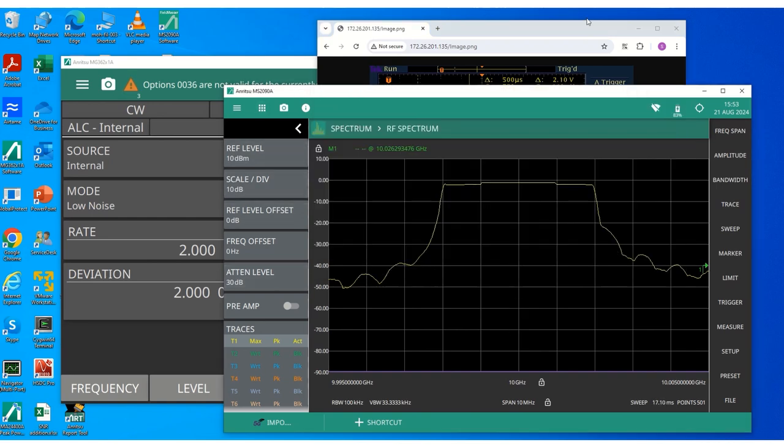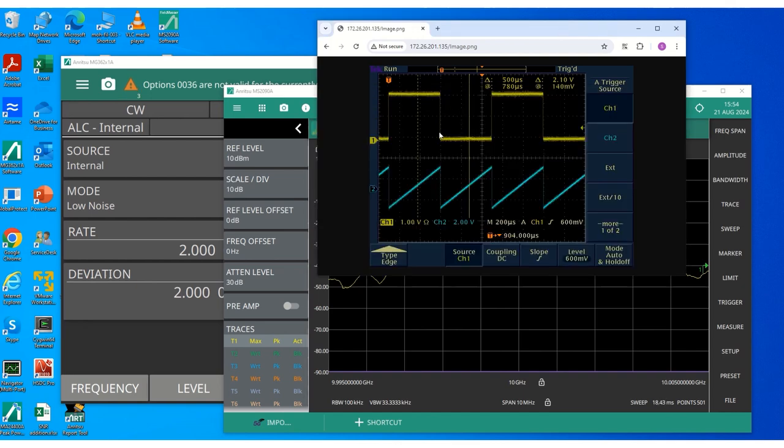Now let's say you don't want this 50% duty cycle, right? You want a different duty cycle. You can do that too, but always remember that you have to synchronize the ramp period to the pulse width all the time, right?